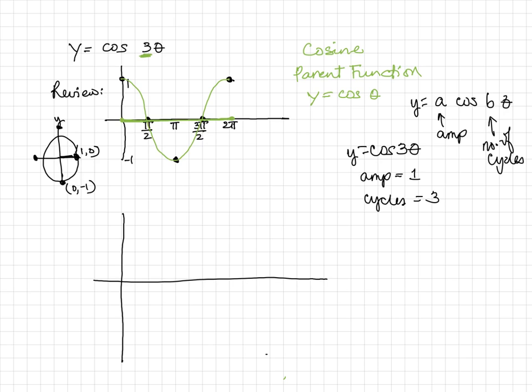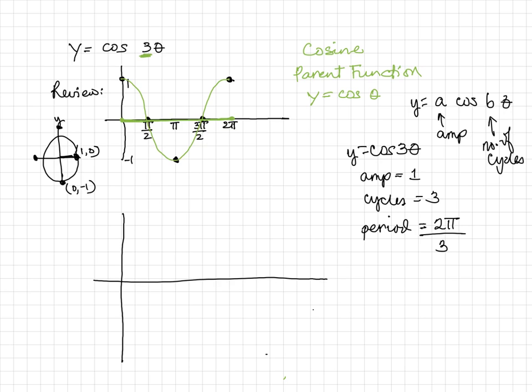In graphing, it's very important to know the period, because that's when we will be able to set up our pattern. The period is equal to 2 pi over the number of cycles, which is 3. So the period is 2 pi over 3.